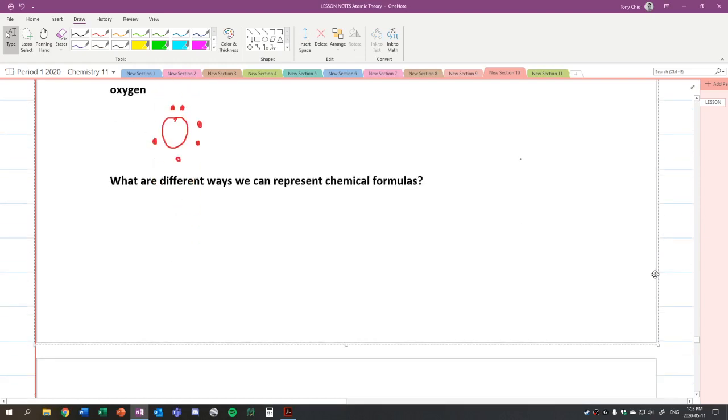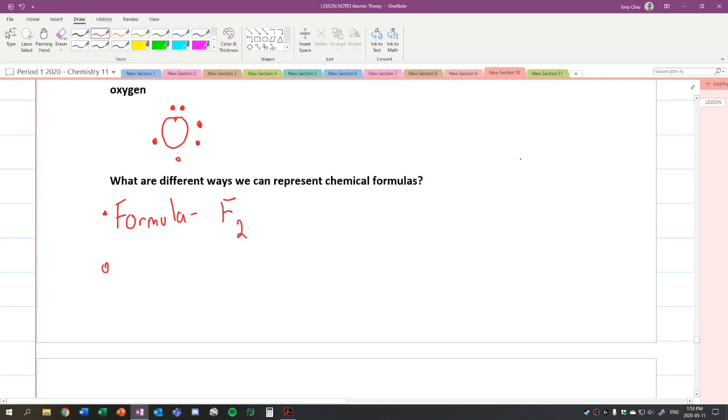So what are some different ways we can always represent any chemical formula? Of course we have the formula itself. So an example is, let's say we have fluorine gas, so F2. We also have a dot diagram. A dot diagram is where you show bonds as dots.